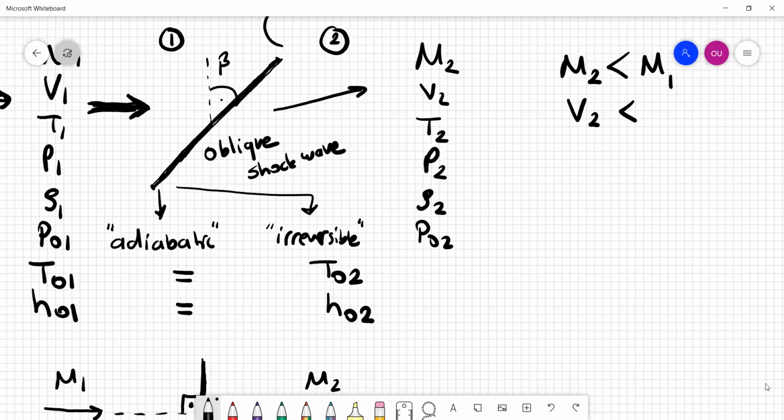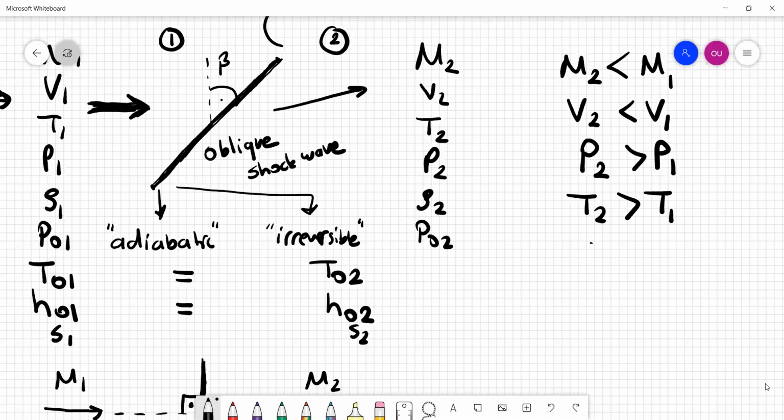V2, V is velocity, V2 will be less than V1. The static pressure P2 will be larger than P1, so the fluid particle will experience a sudden increase in static pressure. Static temperature will also rise instantaneously to a higher level. Also, by the way, I forgot to mention entropy. Since it's not a reversible process, S2 will be larger than S1.